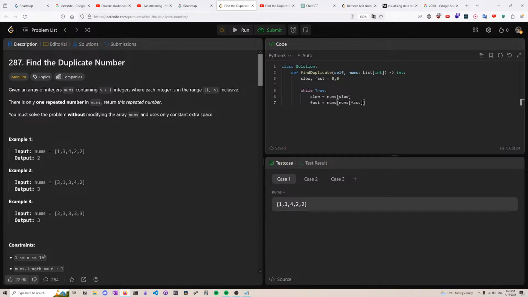Let's see. So nums of slow, and then fast. Nums of fast is going to be 0. Wait, nums of fast 0, so that points to 1, and then nums of 1 points to, so now it's 3.